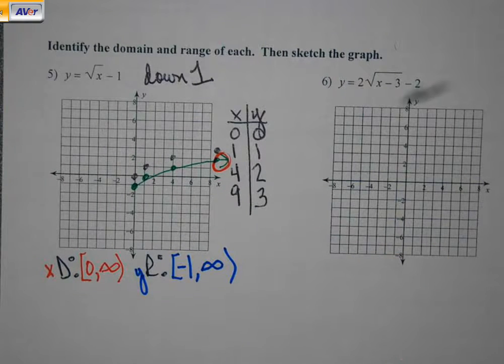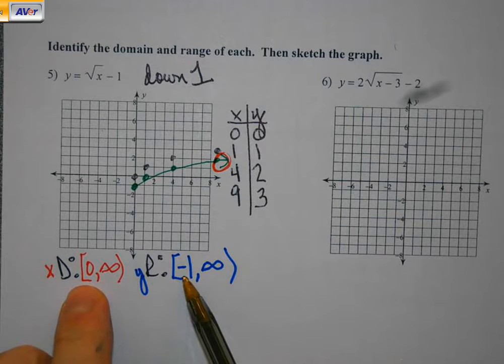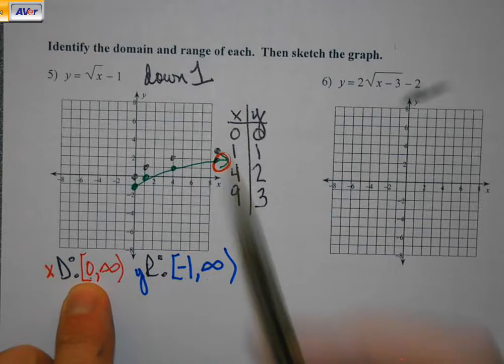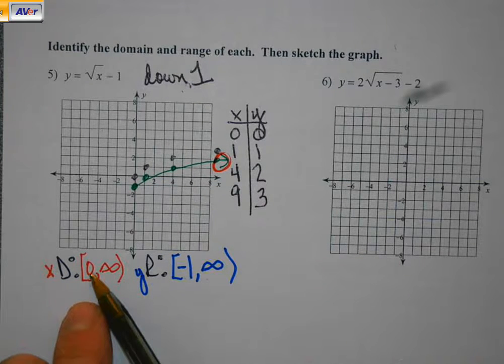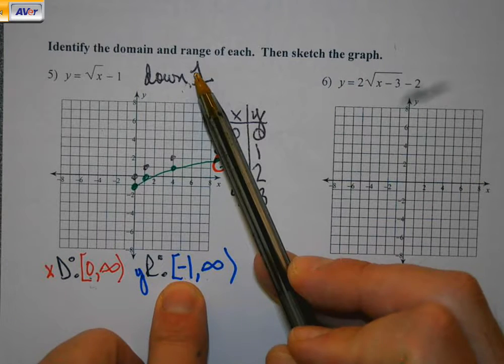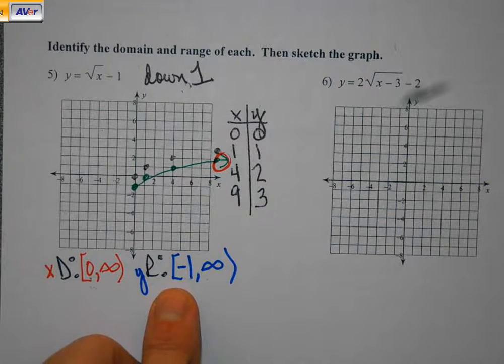It would. And as we've spoken about before, there's some little hints in here with domain and range. If nothing ever moved, my domain and range would both be 0 to infinity. My domain moves when I move left or right. I didn't move left or right. My domain didn't move. My range only moves if I move up or down. I moved down 1. So did my range.